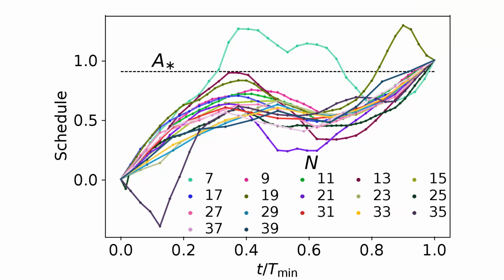Can I ask a question? Yes, go for it. So doesn't A star depend on the system size? This is a good question. I'll have to check my notes again. I believe it depends on the couplings, at least to a certain order.